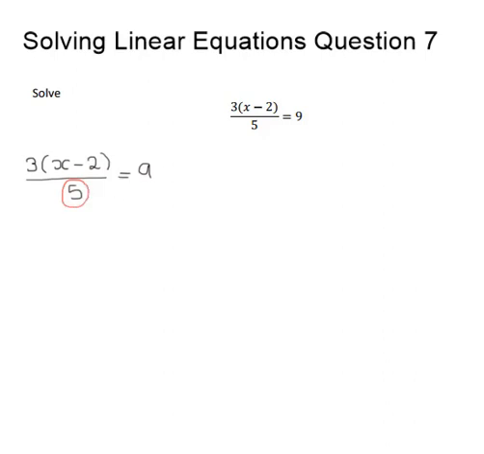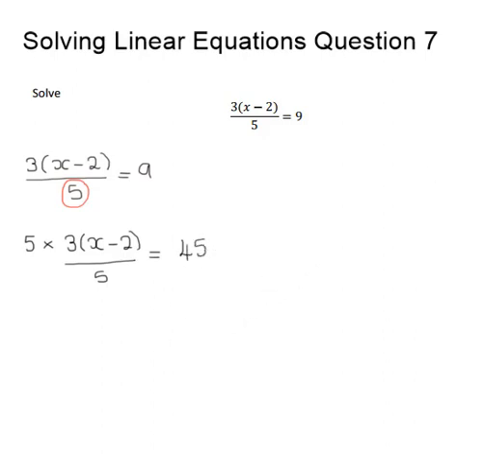Okay, what is this 5 doing? Well, this 5 is dividing. So I know that the opposite of dividing is obviously timesing. Okay, so if I times both sides by 5, I'm going to have 5 times by 3 bracket x minus 2 all divided by 5 equals, okay, what's 9 times 5? Well, that gives me 45.